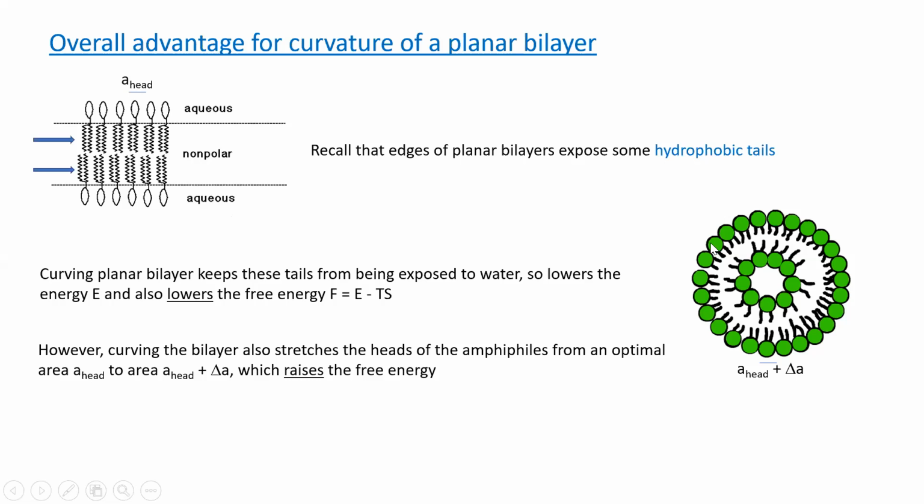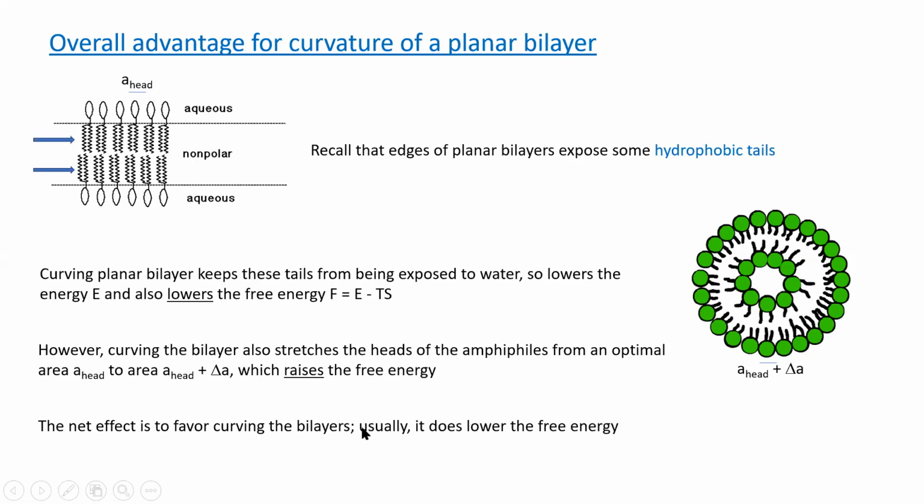But when we curve them into a circle, they're going to stretch a little on the outside and become A head plus some delta A. And they'll also contract a little on the inside and become A head minus delta A. Since they're different from their optimal area, that's going to raise the free energy. Still, the net effect almost always is to favor curving the bilayers.